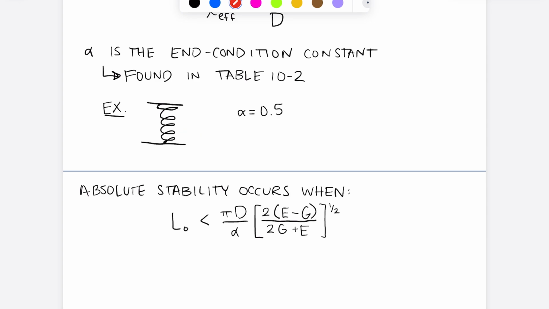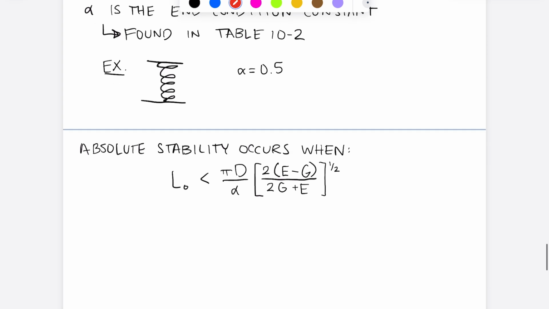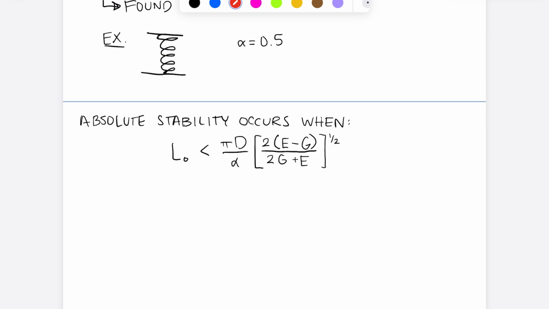So you could think about a spring on a playground, the kind of horsey ride where the horse that a child sits on is set on top of a spring. That spring, by the way, has an end condition where one end is clamped, the other end is free, so alpha would be equal to 2 in that case.